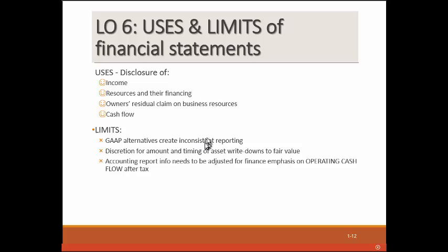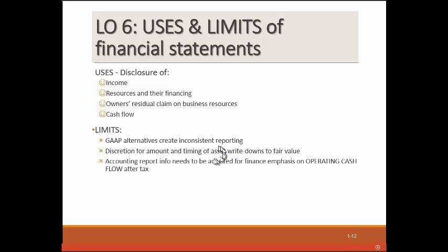To compare these two companies, the financial analyst would need to adjust inventory so that both companies would report either FIFO or LIFO for comparison purposes. Secondly, business managers have a good bit of discretion for the amount and timing of asset write-downs to their fair value.